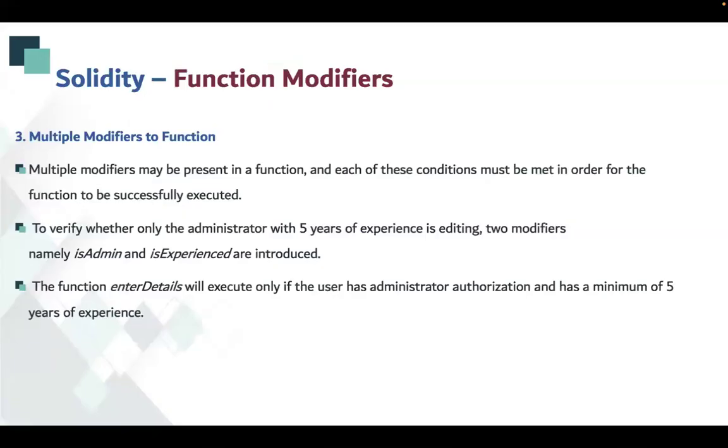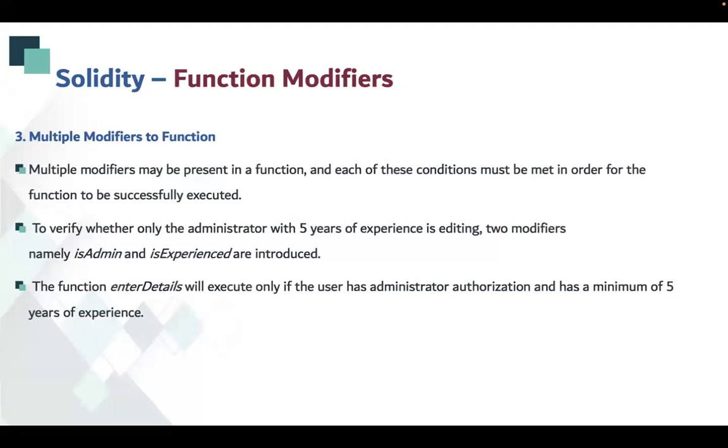Okay, what about implementing multiple modifiers in a Solidity function? Is it possible? In Solidity, we can attach more than one modifier to a function. Each modifier can check a different condition or perform various actions before allowing the function to execute. Consider a scenario where a function must be accessible only by the admin and the caller must have a certain level of experience.